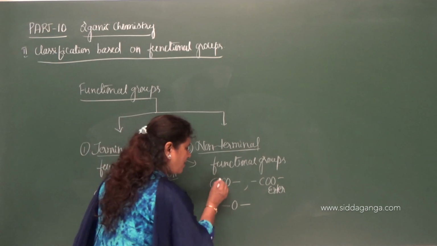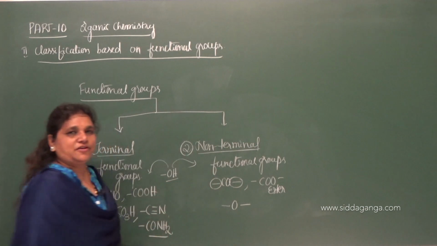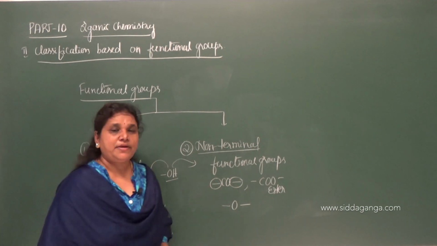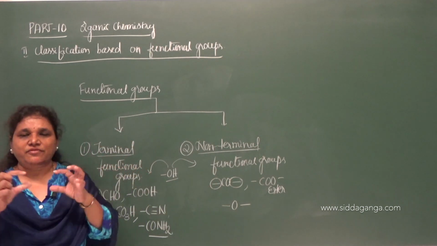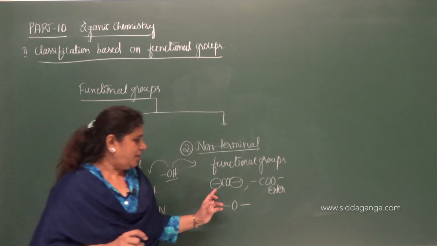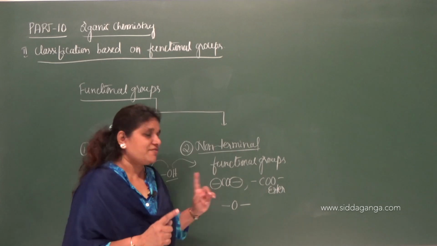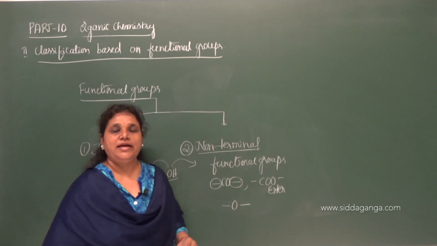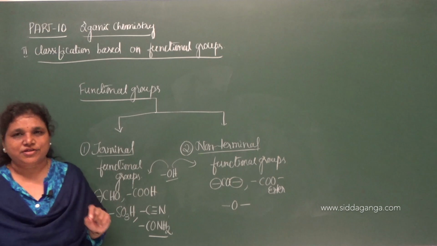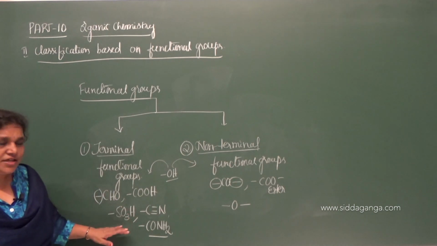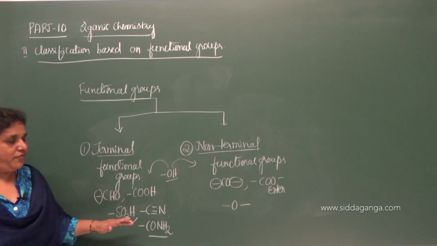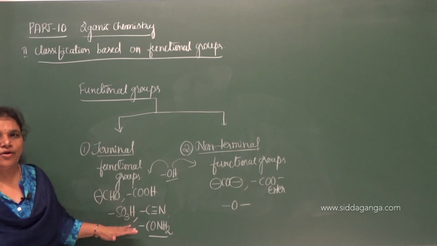If hyphens are present on either sides of the functional group, if we represent a functional group in between two hyphens, then you can say it is a non-terminal functional group. So in the representation only we can identify whether it is terminal or non-terminal.